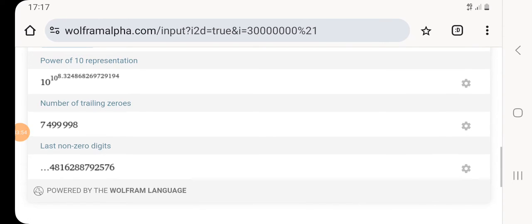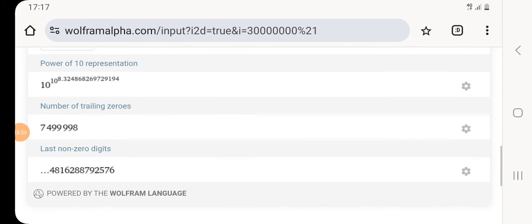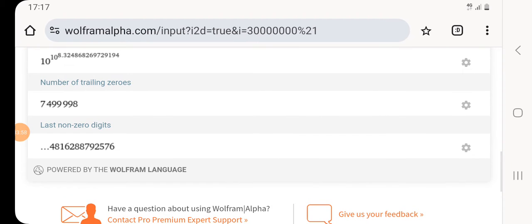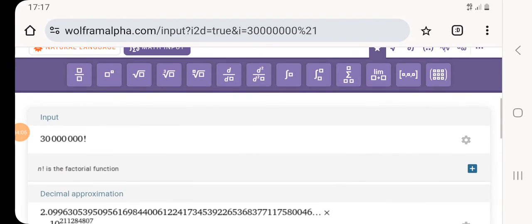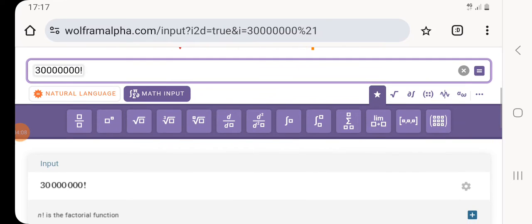The number of trailing zeros is 7,499,998. The last non-zero digits are 4816288792576. Yes, that's how big 30 million factorial is.